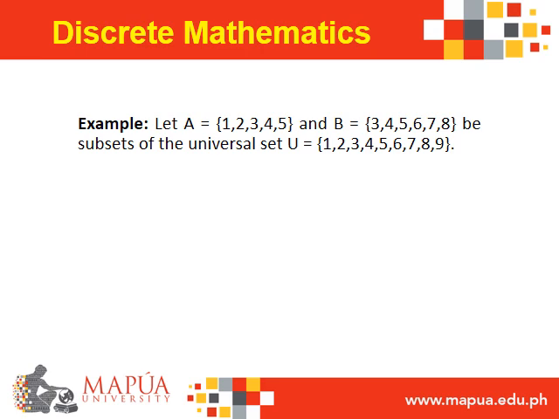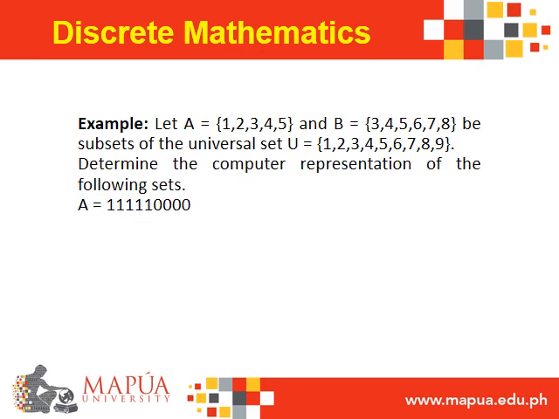Therefore, your set A will be represented as this bit string, whereby, as seen on your universal set U, the first 5 elements are present in your set A, valuing 1 to 5, while the rest of the elements 6 to 9 are not present in your set A, therefore they are represented with a value of 0. Hence, your set B is then represented with this bit string.